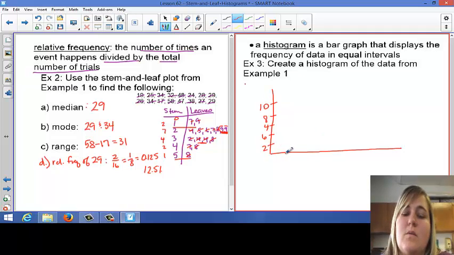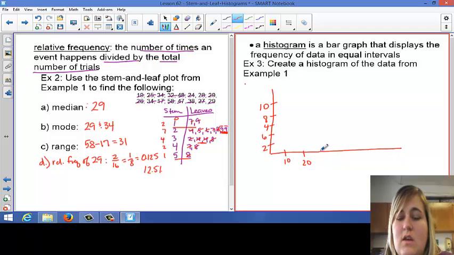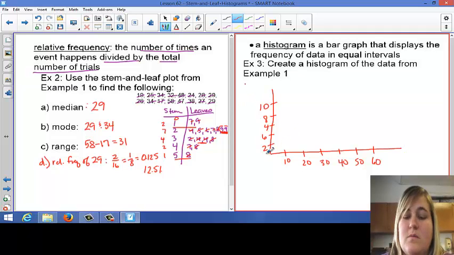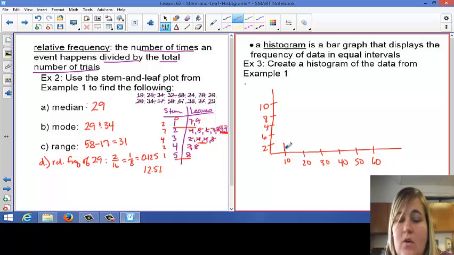And here I have from 0 to 9, which is going to be 10, 20, 30, 40, 50, and 60. From 0 to 9, there's not anything there. From 10 to 19, however, there are 2 numbers. So I'm going to go from 10 over to here, and then this starts at 20, so I'm just going to stop right there. From 20 to 29, I have 7 numbers.